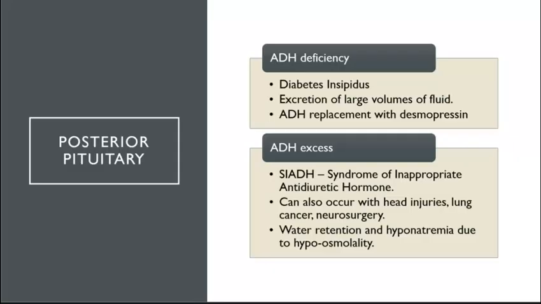It's going to occur with head injuries more than likely, lung cancer, neurosurgery. It is the patient retaining too much fluid. They have too much adding H2O to their body, antidiuretic hormone, and that's going to dilute that sodium down to make them hyponatremic and hypoconcentrated.